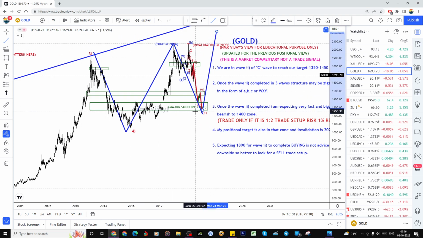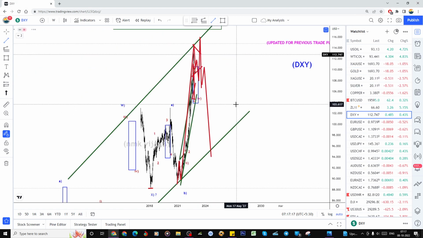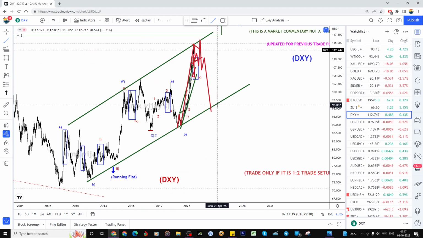After that, one more high. That is why I keep on correlating to the dollar. One more high in the dollar brings gold and silver down. Once it reaches this zone and the dollar reaches 118, I'm expecting that after that the dollar is going to reach 100 or 92 like that.